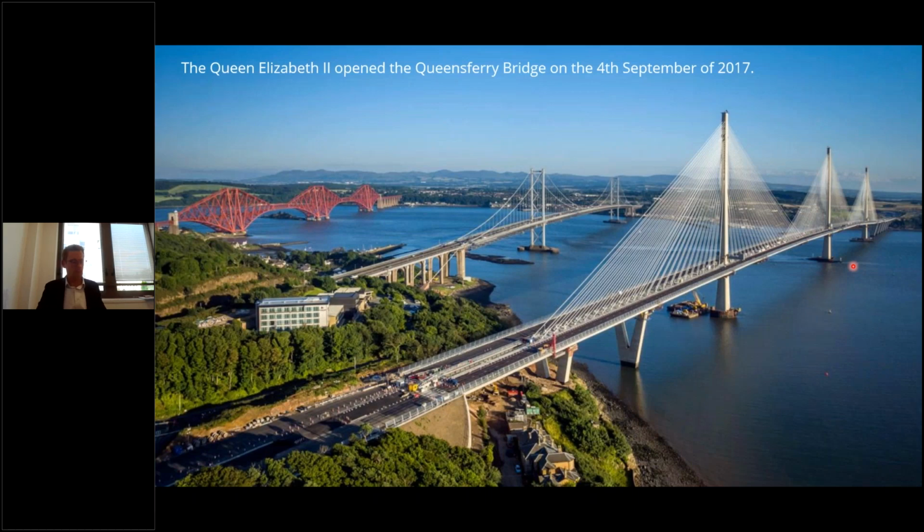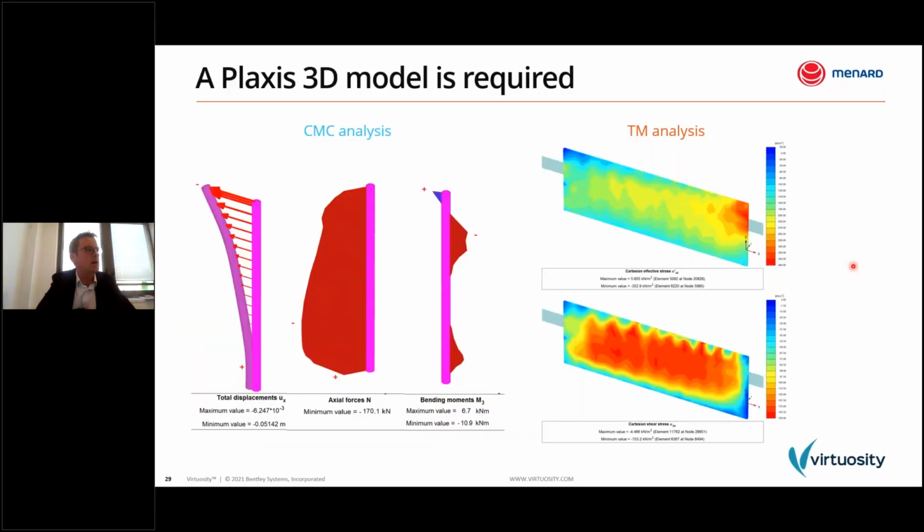Mm-hmm. And another question, how do you extract the axial forces and bending moment in CMC rigid inclusion for a PLAXIS 3D model? Yes. If we take the example of the last case history in Scotland, we ran a PLAXIS 3D model, and so the CMC, the rigid inclusion, were represented by volume elements, by cluster.